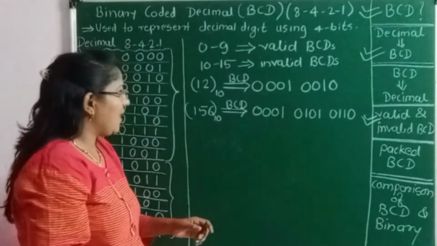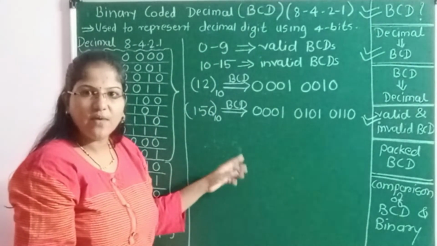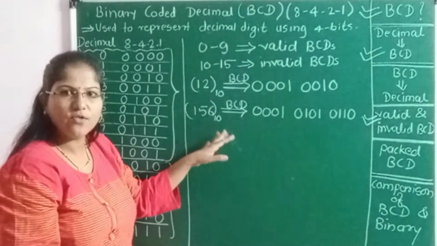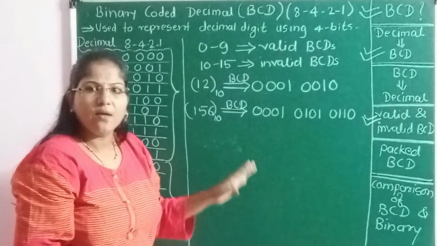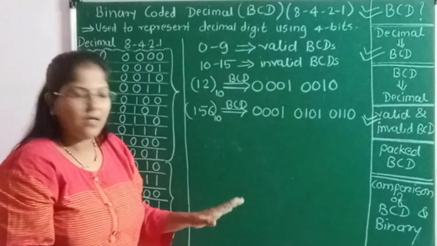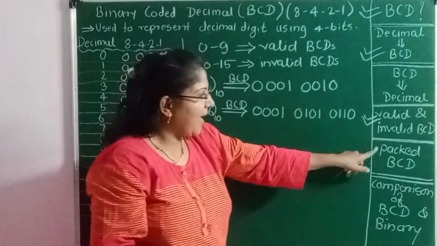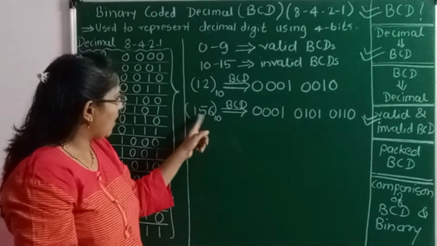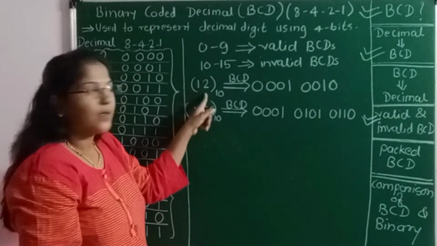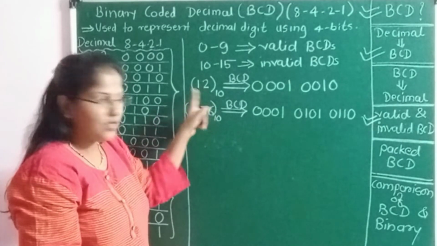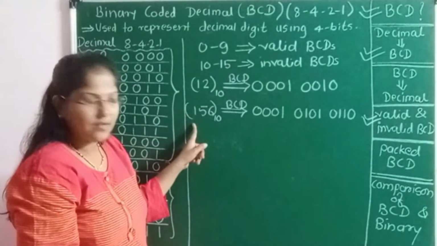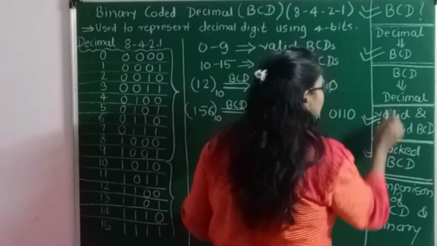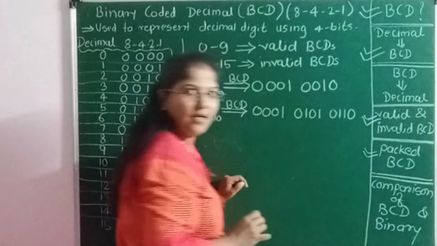So, after 9 we can represent 10, 11, 12, 13, 14, 15, 16, 17, 156, 1000. Whatever number from 9 onward, those are called packed BCDs. So here the examples of packed BCD are 156, then 12. So these are the packed BCDs. Now the next one is how to convert the given BCD to decimal.